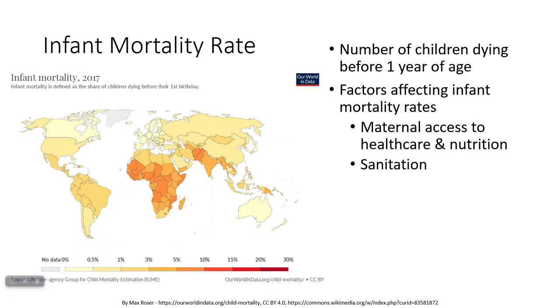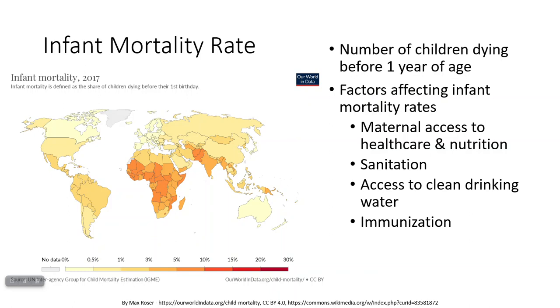Sanitation, if there's no access to clean drinking water, that can increase the spread of disease, and young children are especially susceptible to these diseases. Hence access to clean drinking water. Sanitation also means making sure there's not trash lying around, if there's good trash collection and removal services. Immunization is really important.